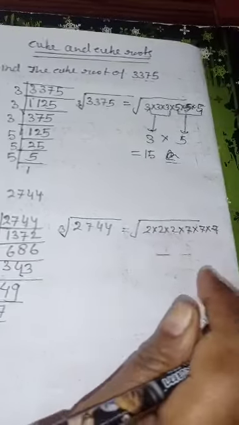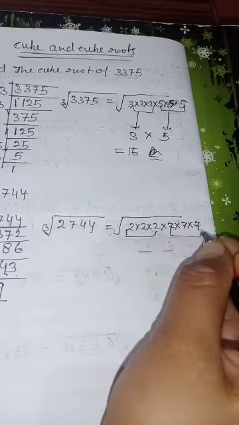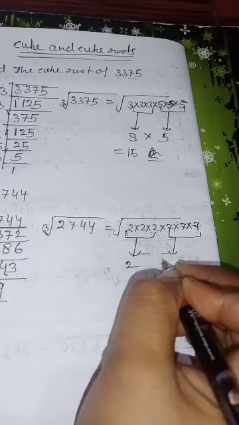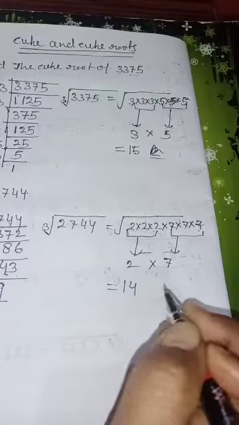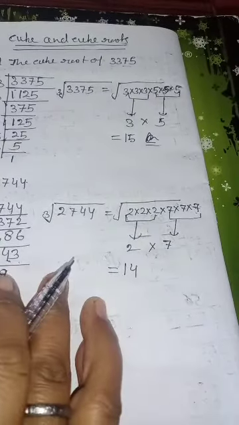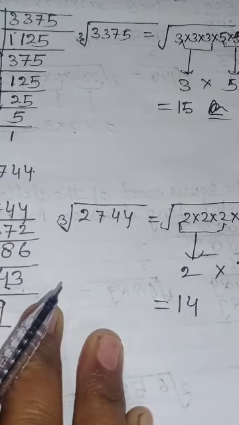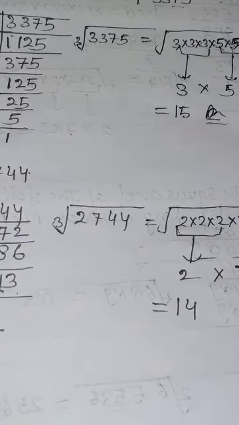Okay, now see that again the factors are in a group of 3. So out of these you just take out one from each. 2 into 7 is 14, its cube root will be 14. So in this way children, you will find the cube root. See that in this pattern you should write the solution.